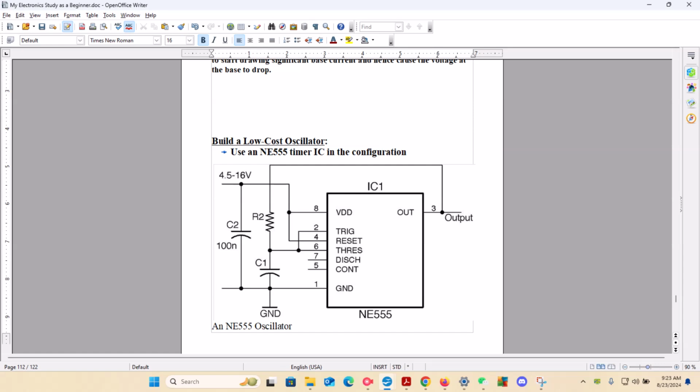Then it's going to go to resistor 2, to the next node, and then for each lead out here, or I guess you could call them pins, it will go to a respective part of this IC. So you have trigger, reset, threshold, discharge, control, and ground.